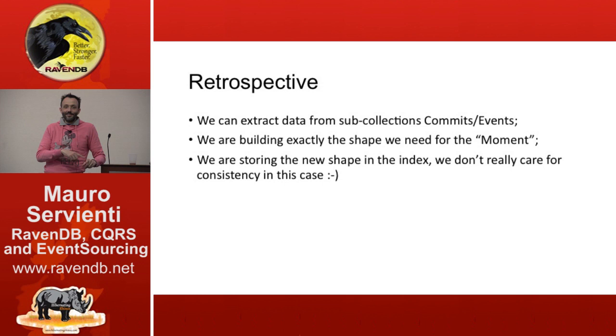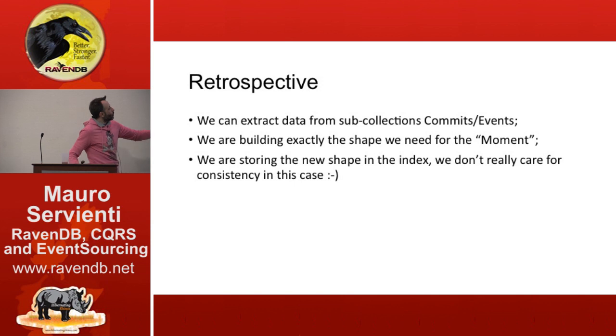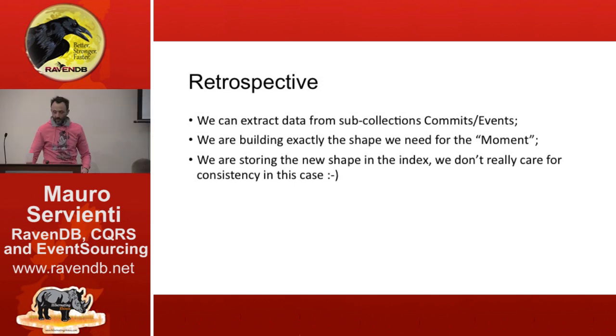You can extract them directly using a query in an index directly from the order document, because you have a denormalized version of the product inside the order, and it's pretty easy to keep it up there. And we are storing the new shape in the indexes we have.